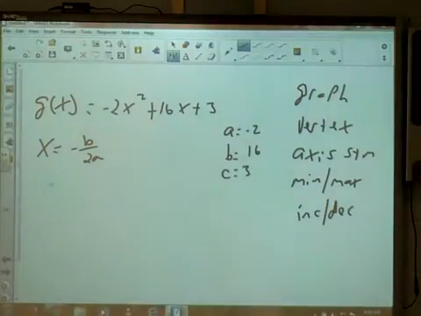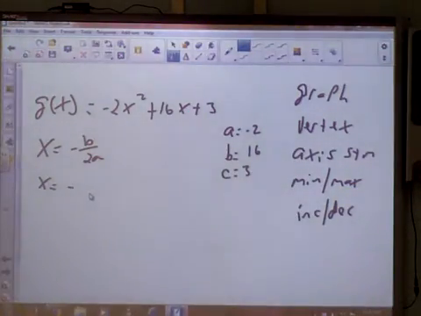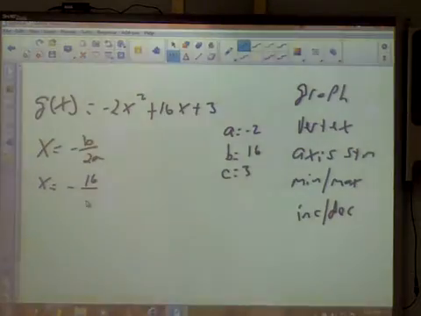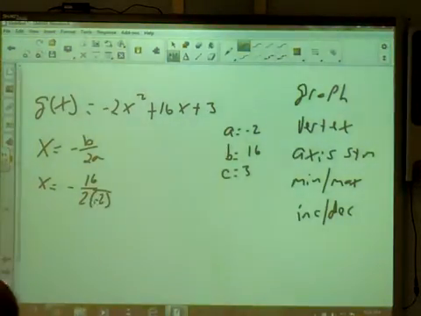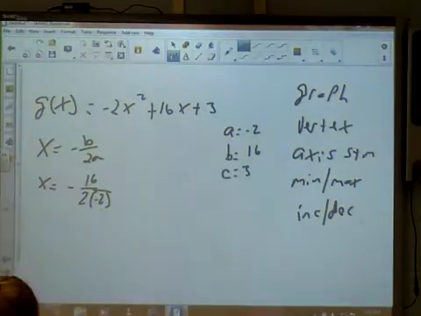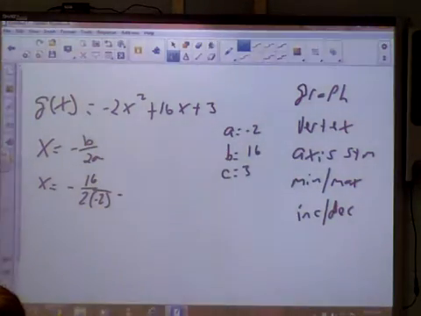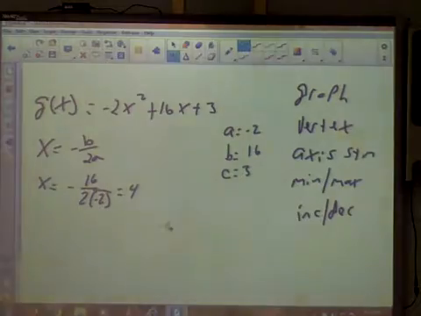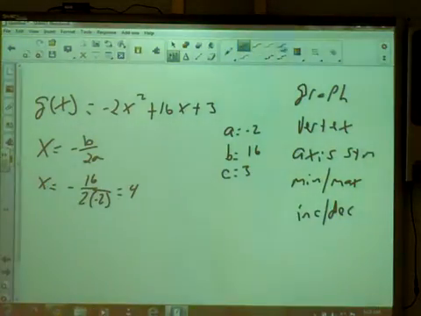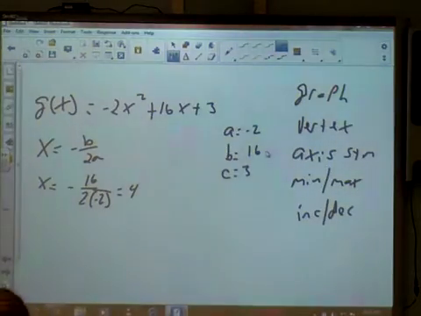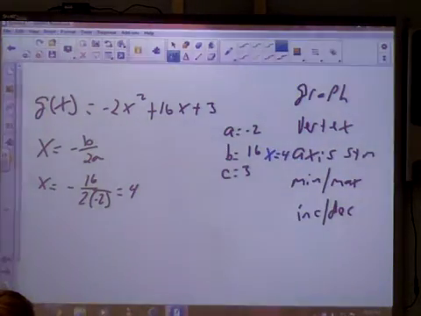So my x is going to be equal to negative 16 over 2 times negative 2. 2 times negative 2 is negative 4. Negative by negative is a positive, so that would be 16 divided by 4. So, everybody okay on that? Axis of symmetry over here is x equals 4.